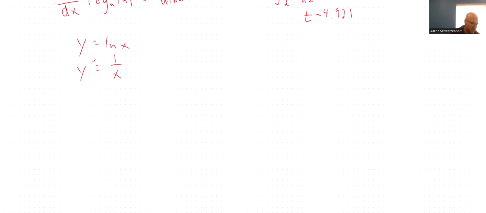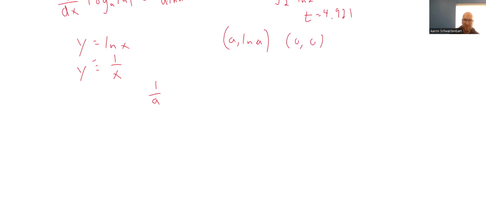So I know that this is going to have points A, ln A. And the slope here is going to be 1 over A. And if I do the slope formula, this is one coordinate, the other one is 0, 0.